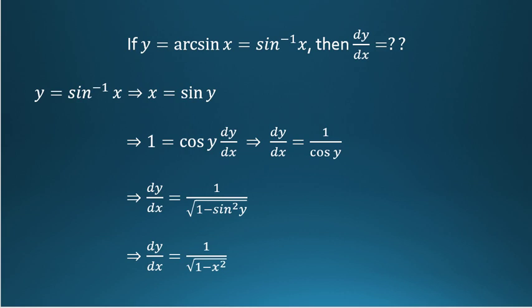We get 1 over the square root of 1 minus x squared. There's no sines or cosines or anything of that sort popping up. But that is how we can derive the derivative of the inverse sine of x, or arcsin x.